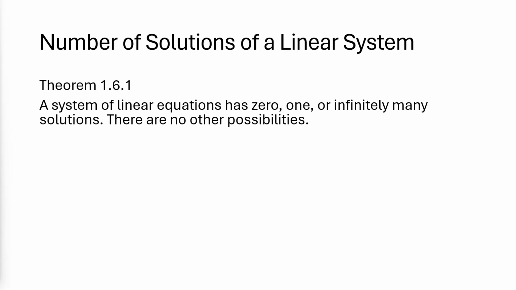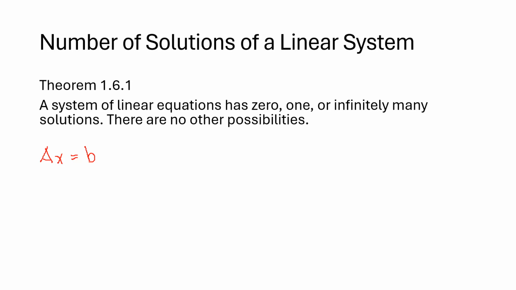Let's say that you have a matrix A times the coefficient vector x, which is equal to B. Let's say that this is a system of linear equations.